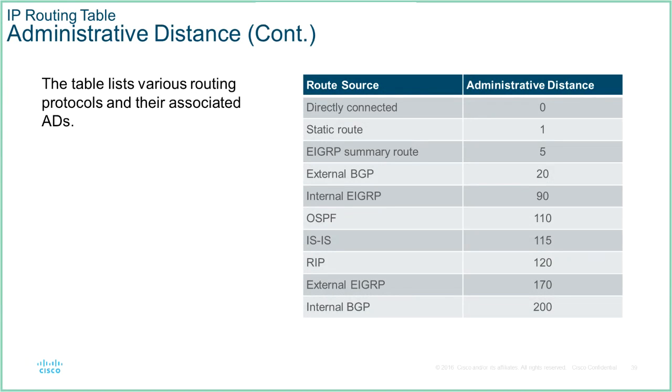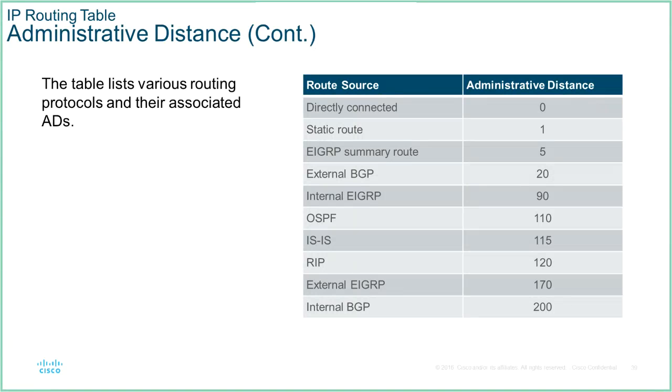So the router needs to be able to filter based on a preference of how I learn paths. Directly connected is the most trusted way of learning about a network. Next is manually configured, the static routes.